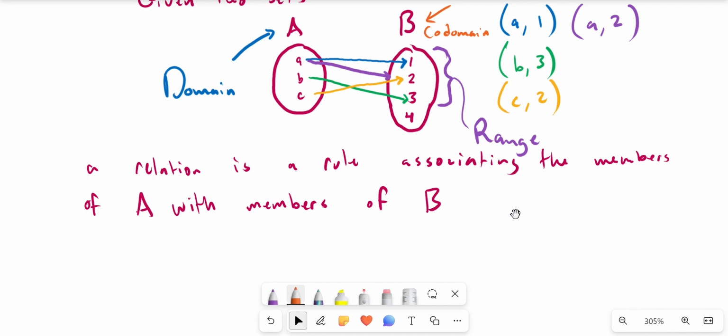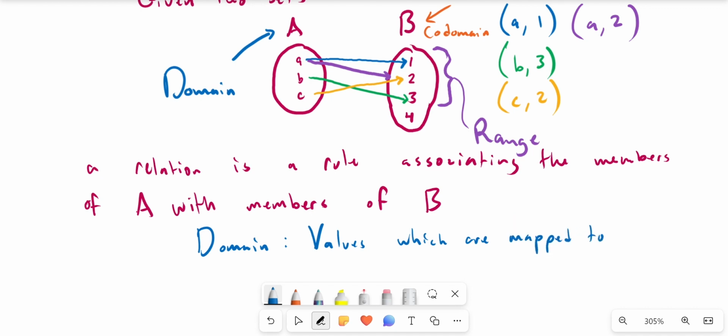Okay. So let's be specific. Our definition for the domain of a relation are the values which are assigned, which are mapped, we sometimes say, by the arrows.